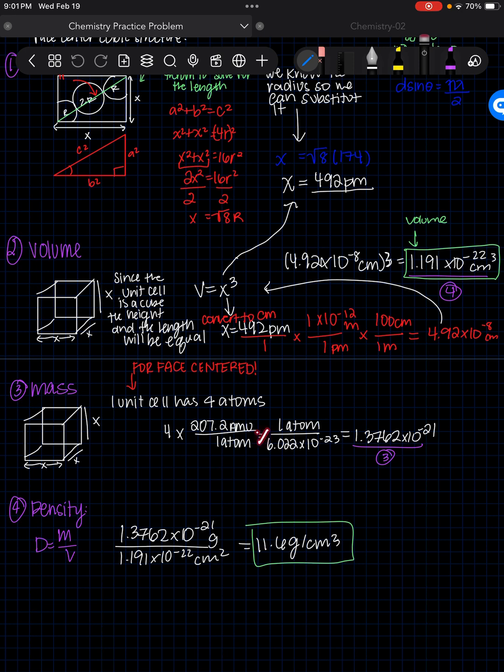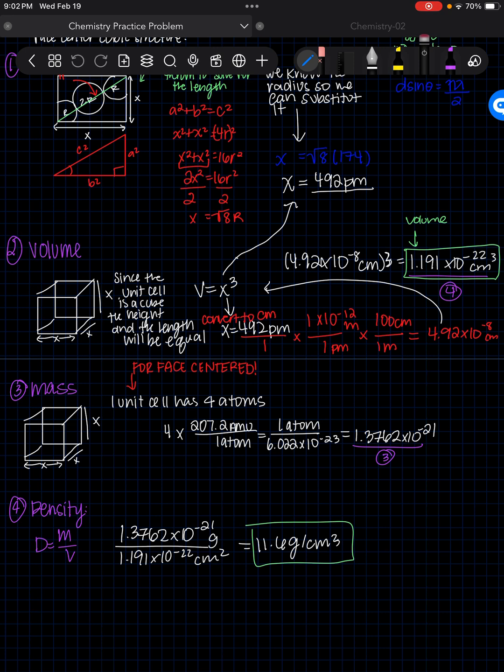That's supposed to be a multiplication sign. This first portion of the problem will give you how many atomic mass units for the 4 atoms. But we're going to divide that by Avogadro's number, of course, to get it in grams, which is, I remembered it this time, 6.022 times 10 to the 23.